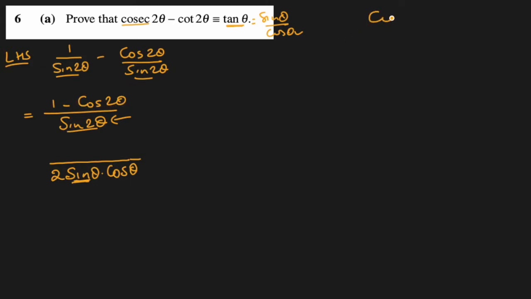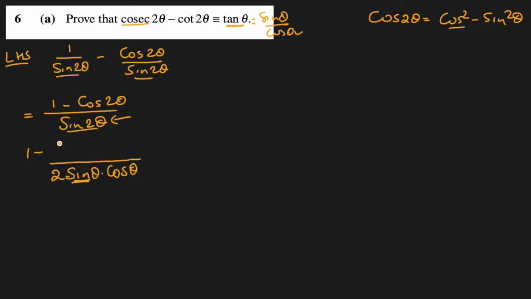We have three identities for cos 2θ. First is cos^2 θ - sin^2 θ. If I substitute cos^2 θ - sin^2 θ, that may give me sin θ on top, because 1 - cos^2 θ will be sin^2 θ. Okay, I can use this one straight away. No, nothing else is needed.